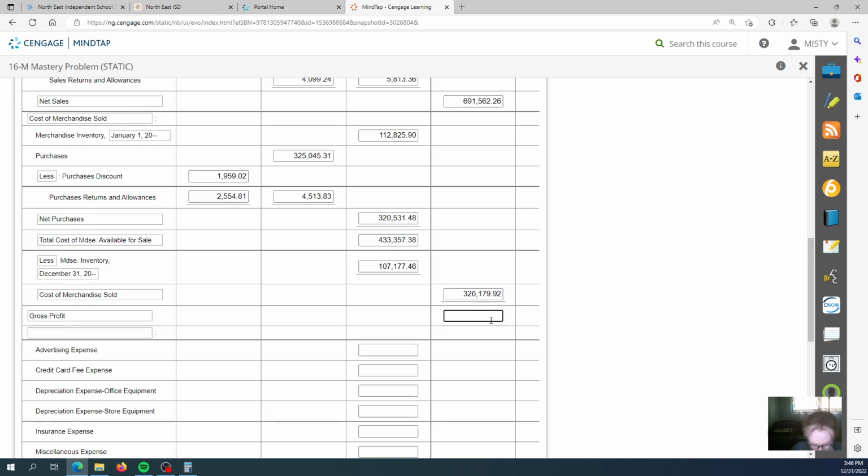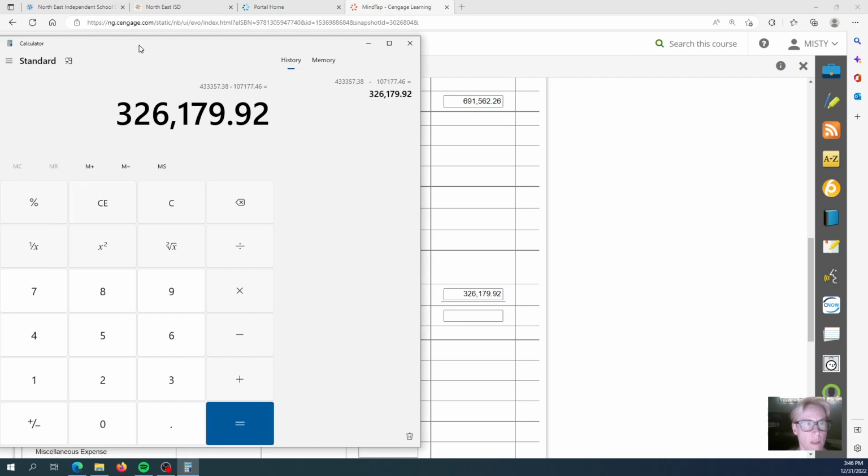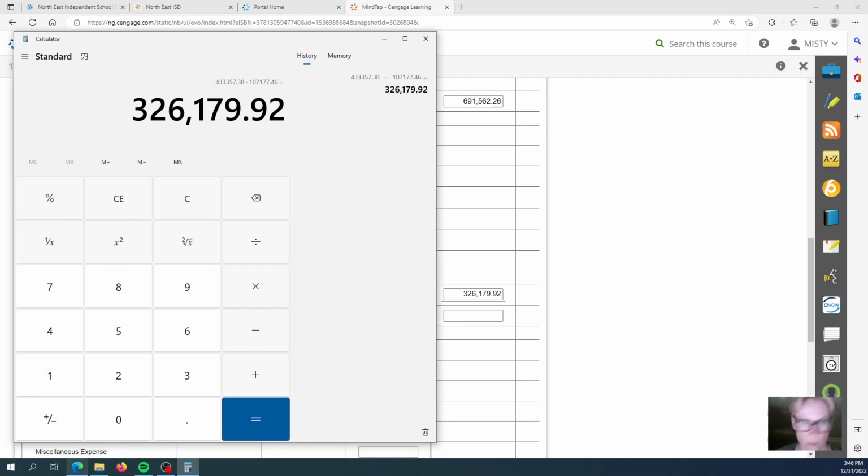So let's go ahead and do that. Pull up my calculator and let me move this over a little bit. There we go. Okay, so we're going to do 691,562.26 minus 326,179.92.